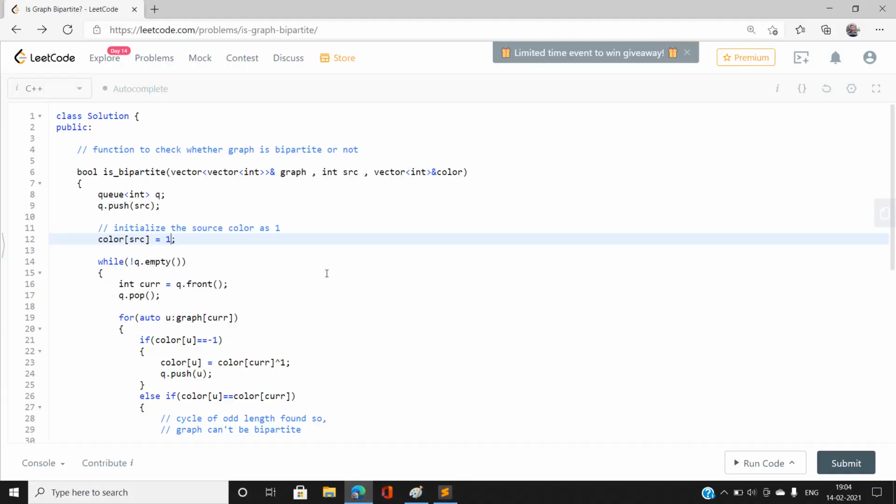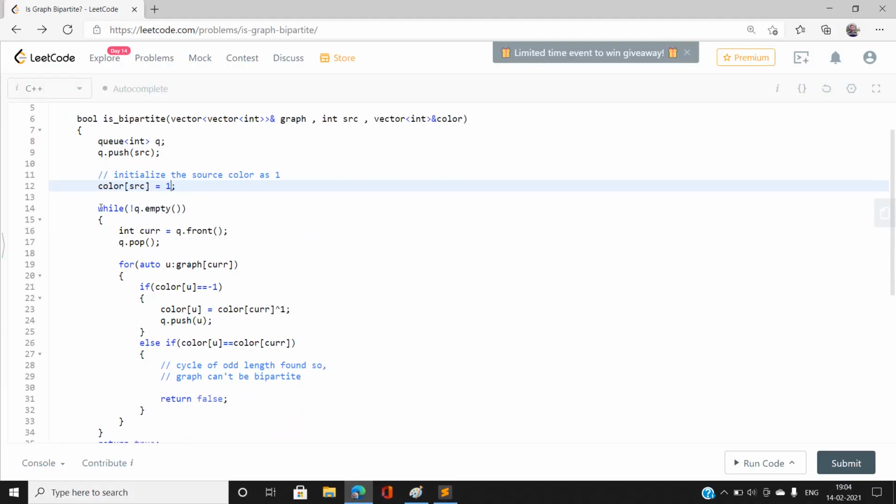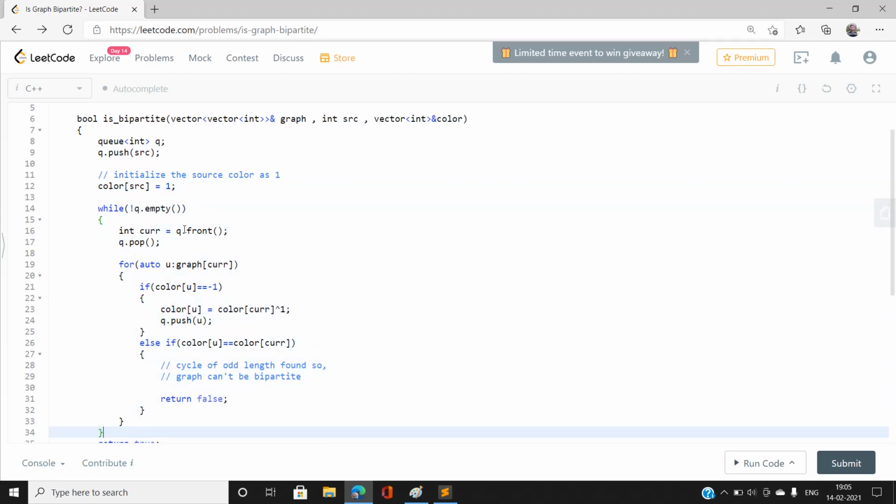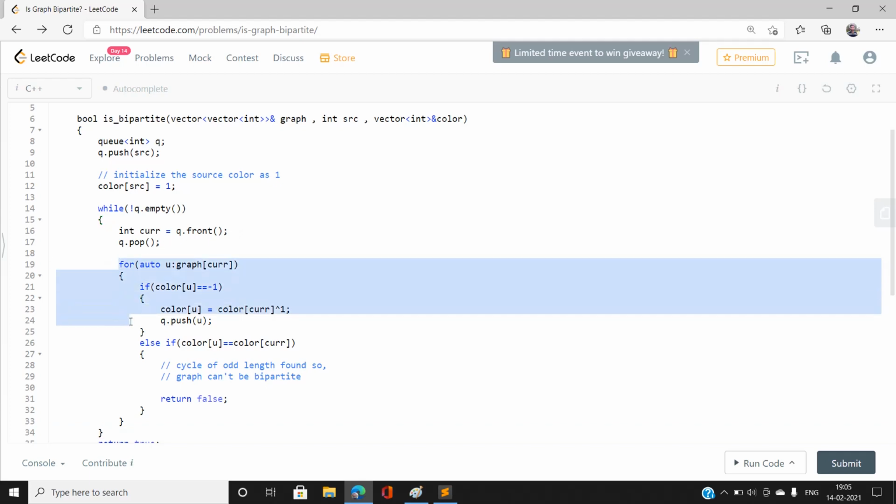So I am going to do a breadth first search traversal, and each time I am going to pop the front node from the queue, and traverse the neighbors of this current node.